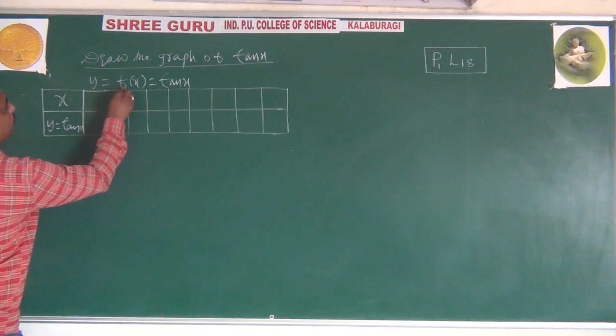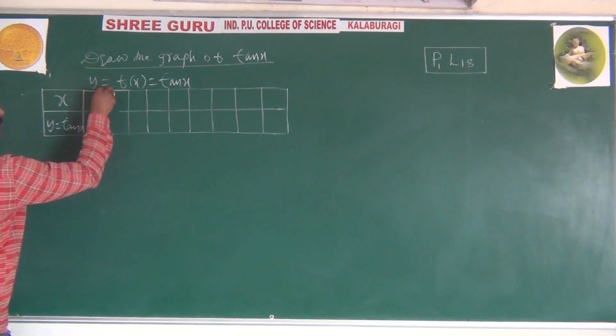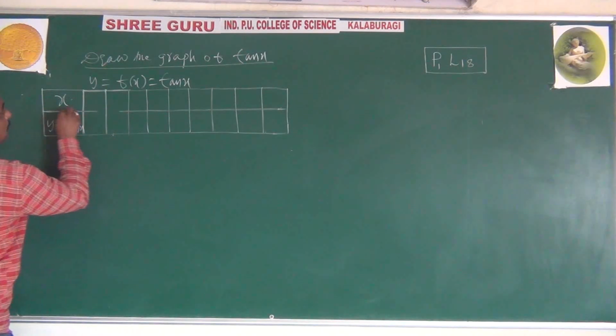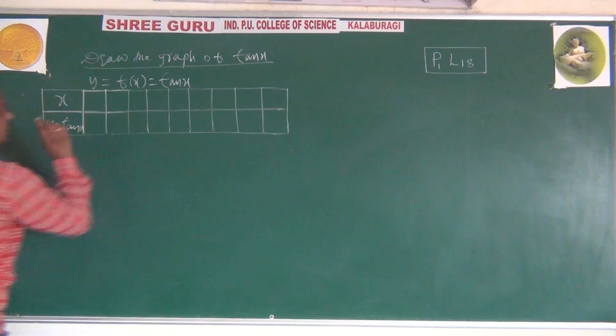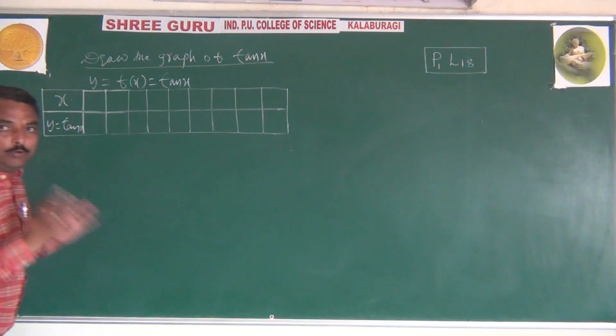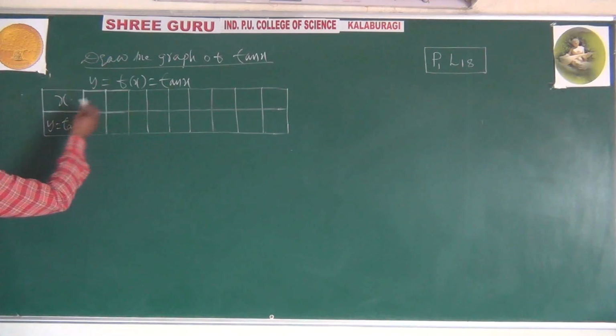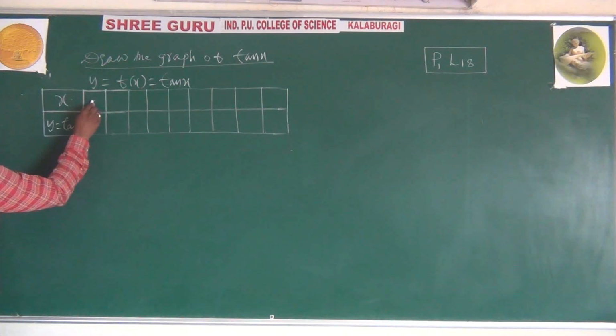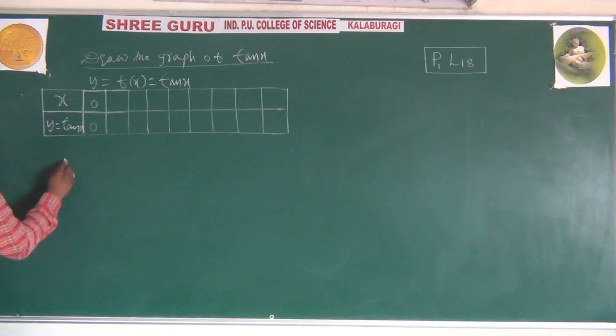The domain is the set of all real numbers, but one value does not exist. Let us see which. When x is 0, tan 0 is 0.